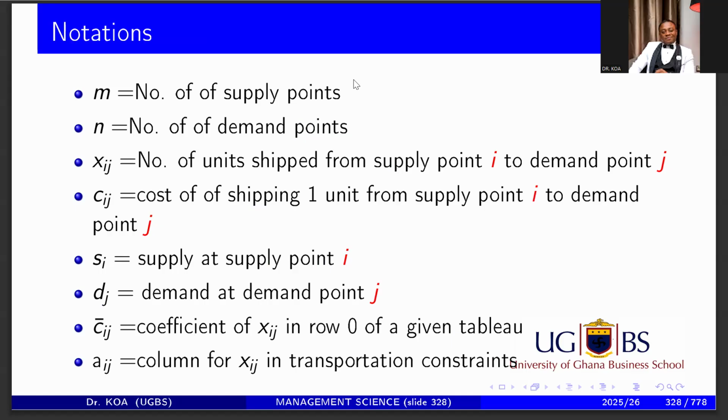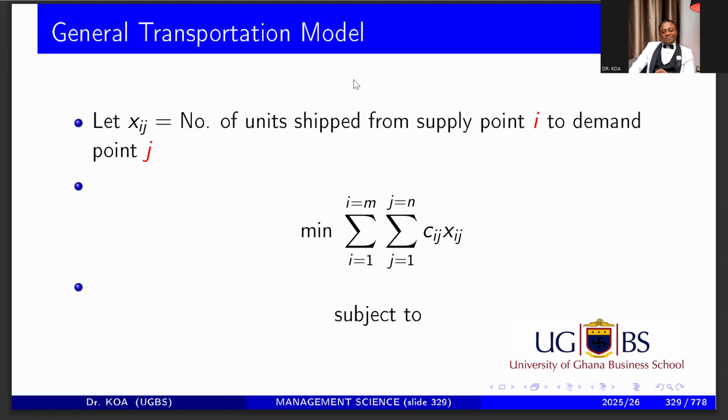I wouldn't want to go through the notations because they are self-explanatory, okay? But let's try and get them. The whole idea is to minimize the whole cost multiplied by the amount, the decision variable. So you have each coefficient multiplied. But why do we have a double summation mark?